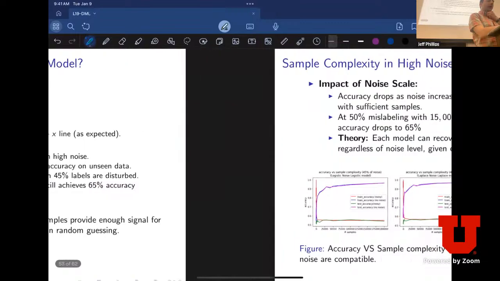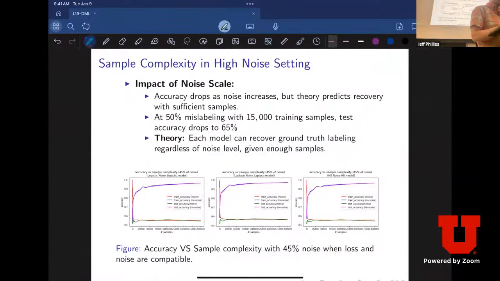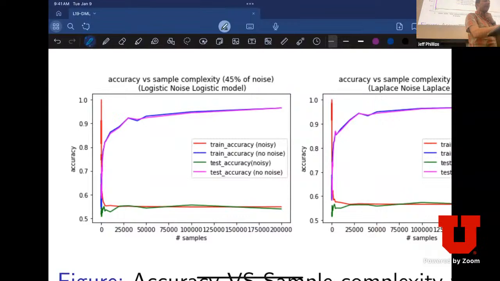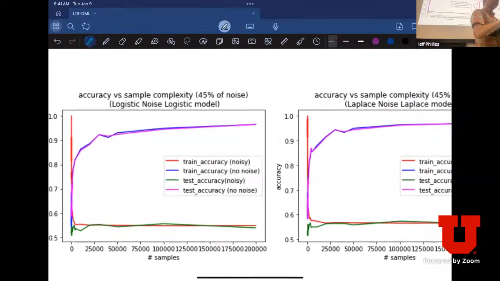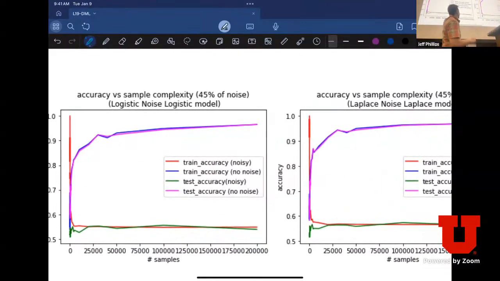Let me say the next thing. How many samples do you need? How many pairs do you need to sample to get high accuracy here? This is basically saying that with 45% noise, the noisy version is not doing very well, but the non-noisy version where I'm recovering the right models, I'm getting above 90% accuracy still. And I get it after about 25,000 samples.